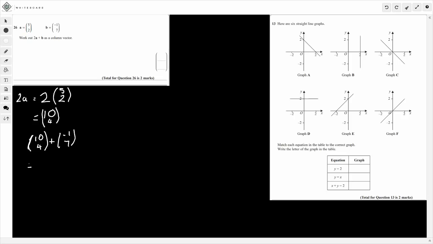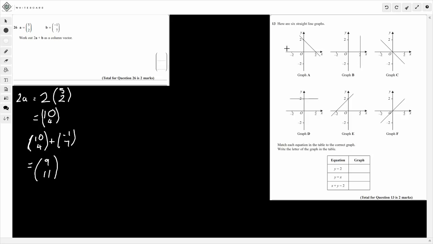What's that going to give me? Well, 10 plus minus 1. So be careful here. It's a very common mistake. We're going to actually subtract the 1. Be careful that you don't do anything crazy here. So 10 plus minus 1 is just the same as 10 minus 1. So that gives me 9. 4 plus 7 gives me 11. So that's my column vector there. So obviously your top one would be 9, bottom one 11.